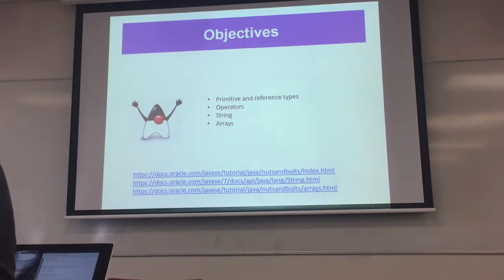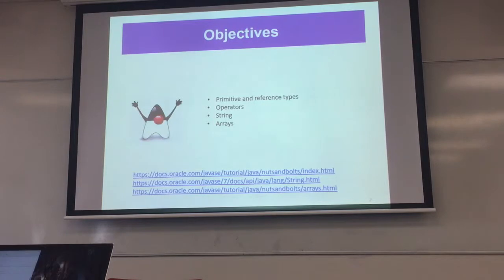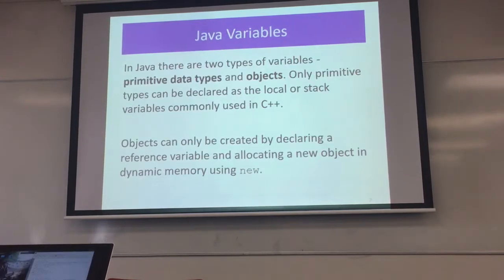New is not always needed. Operators, and notice these two types. Arrays in Java are reference types. They come with a capital letter, Array, like strings, and should normally be used with new. Right, primitive type.